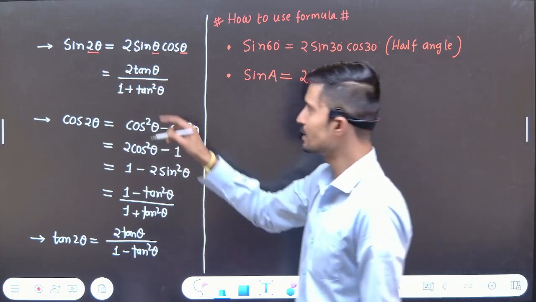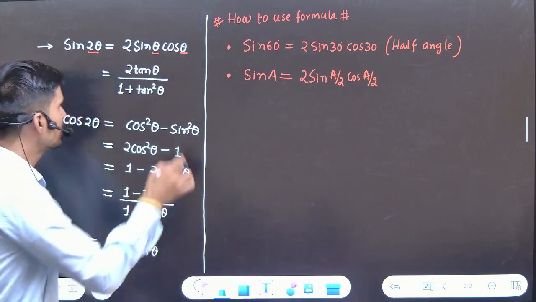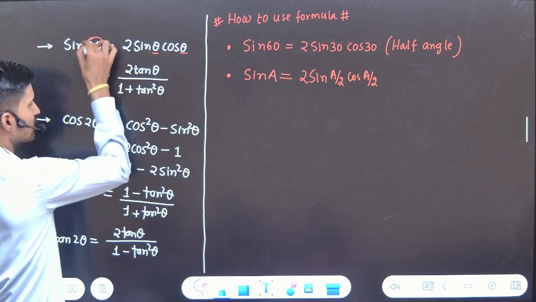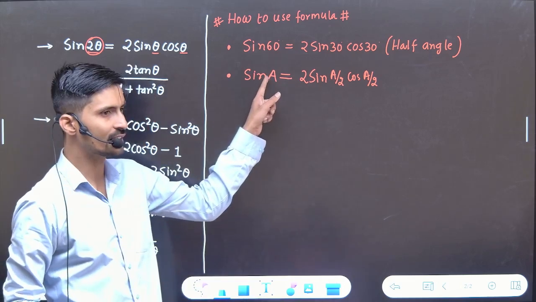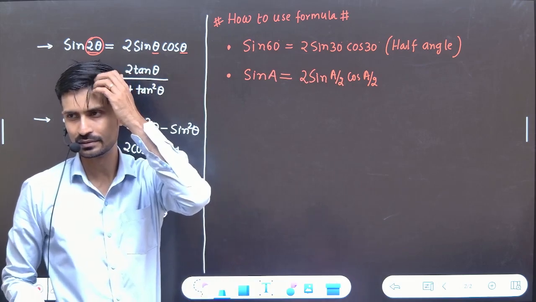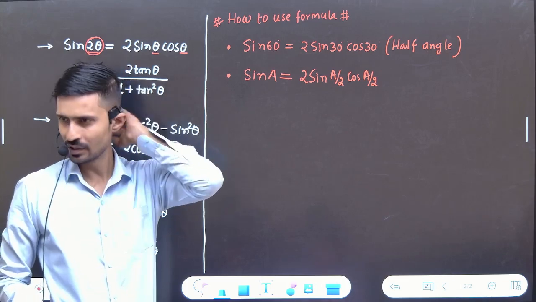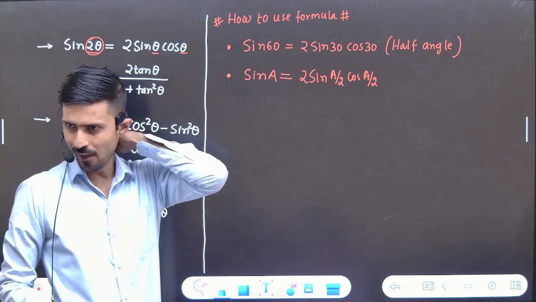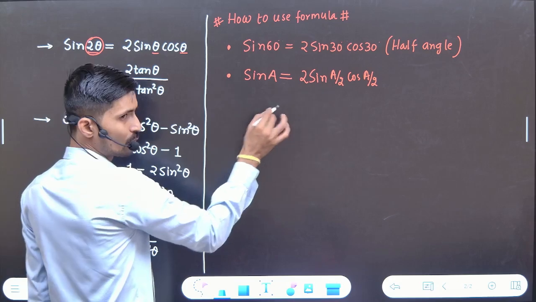So that formula doesn't work for only 2 theta. That formula works for simple theta also. Because actually, this is an angle. You can see if A is 60 degree, that will become 60 by 2, 30. Yes or no? No problem here, everyone? Very good.